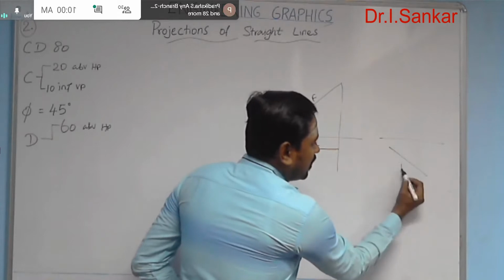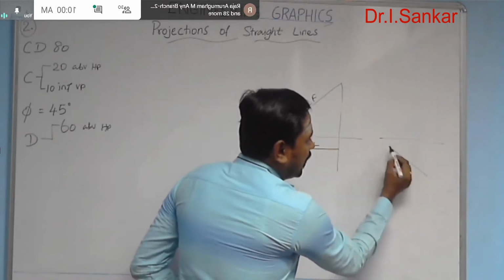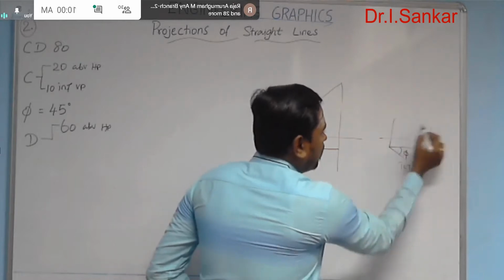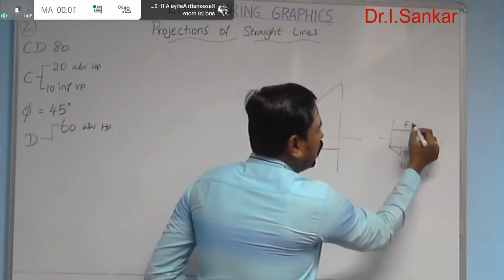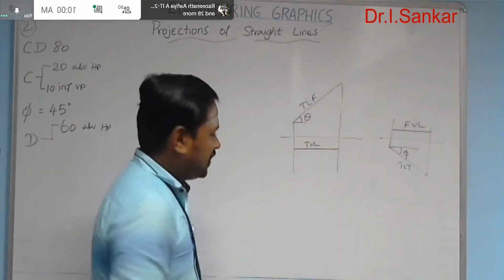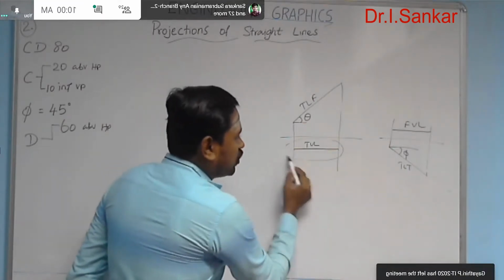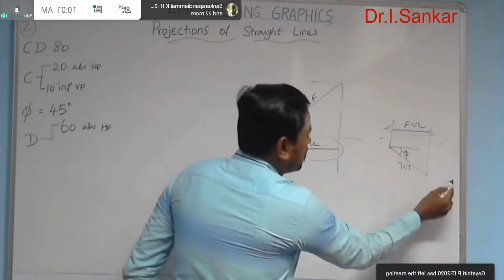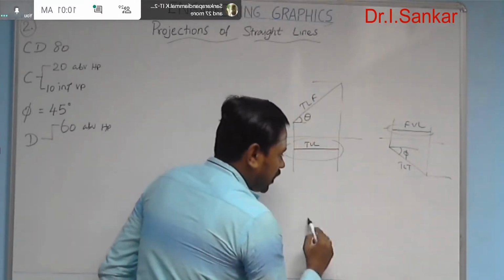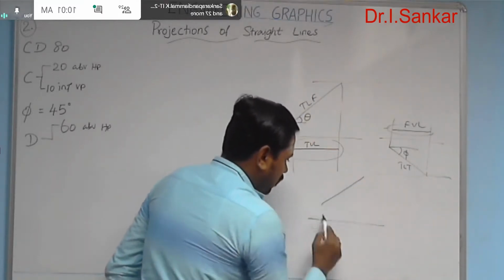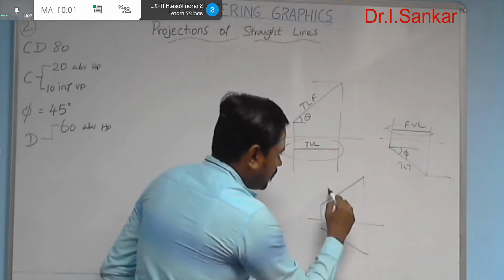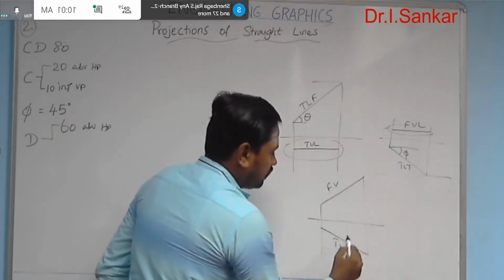True length in the top view, TLT, along with the inclination phi and its pair front view length. Thereafter, by using the top view length and the front view length and the locus, you can draw the front view and the top view.